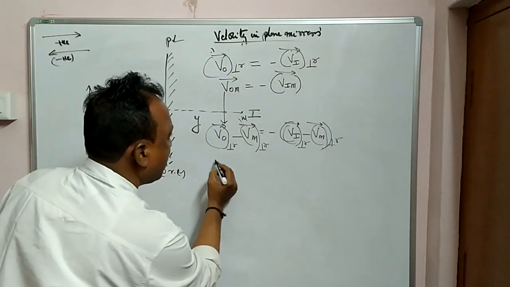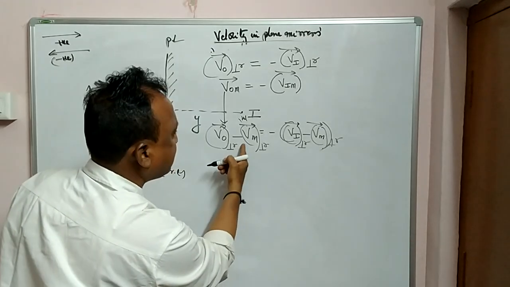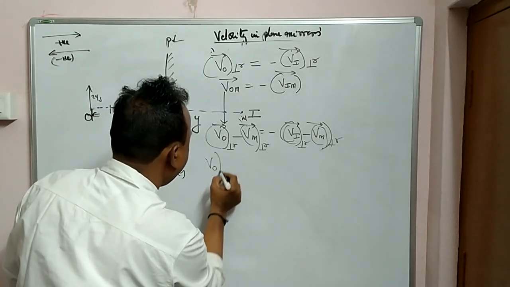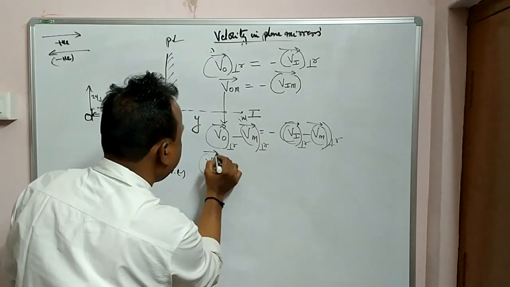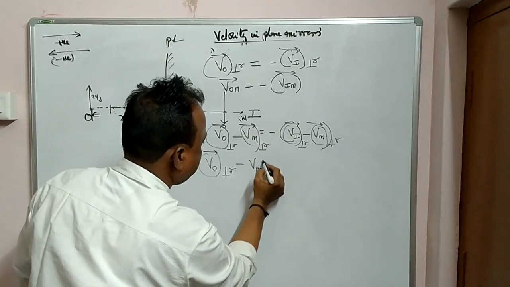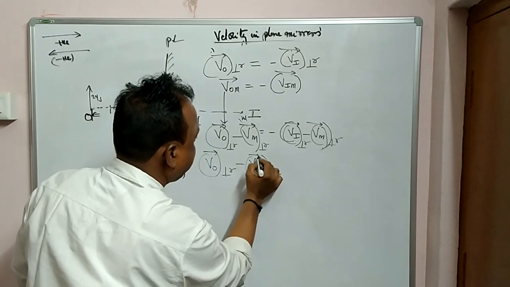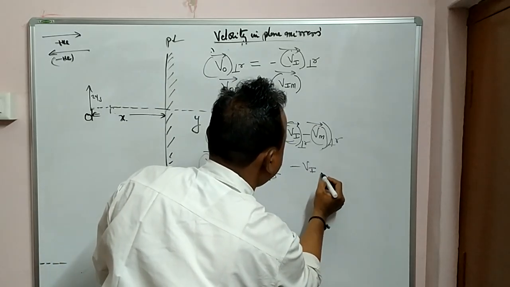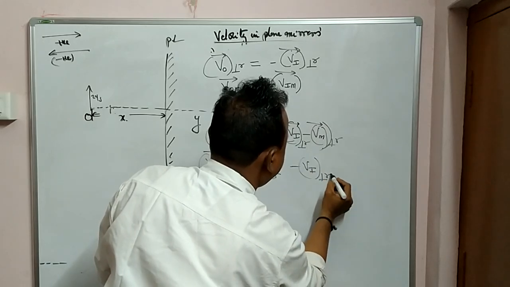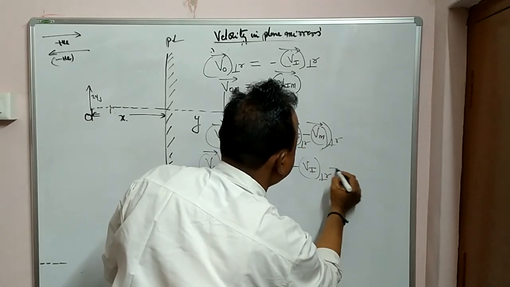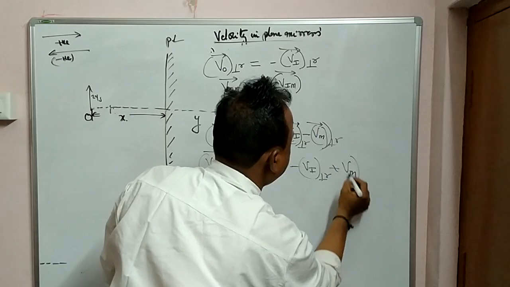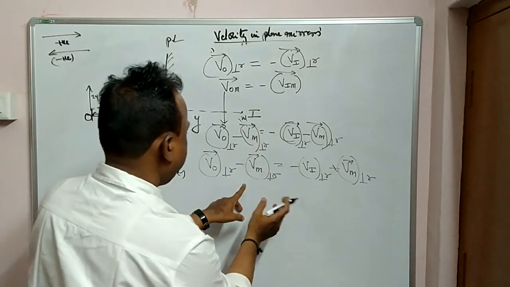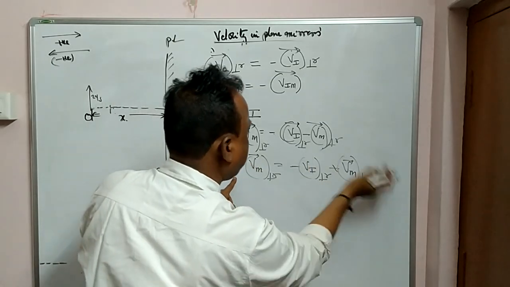Now here, if you observe carefully, let us solve it once. V_O perpendicular vector minus the velocity of the mirror perpendicular vector is equal to, take minus inside, minus V_I perpendicular, minus into minus plus V_M perpendicular. Now you can see here there is a V_M here; take V_M to that side and this to this side.